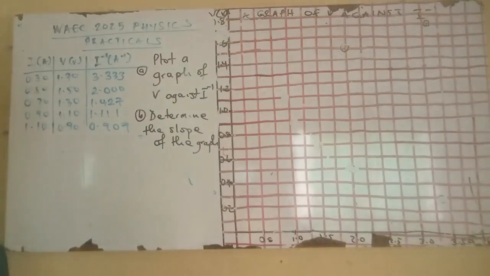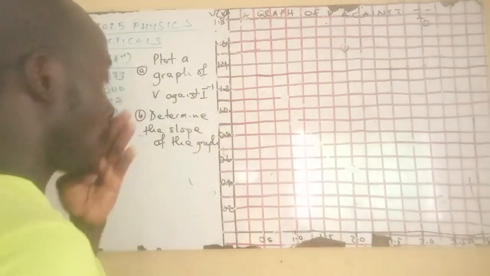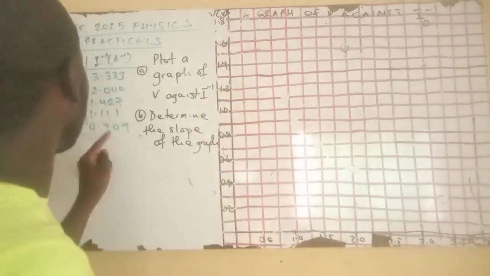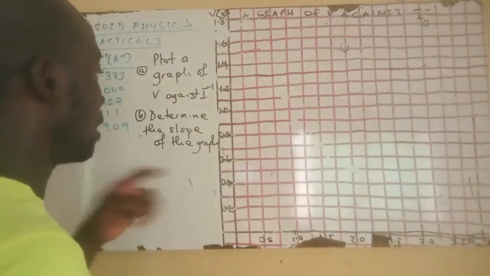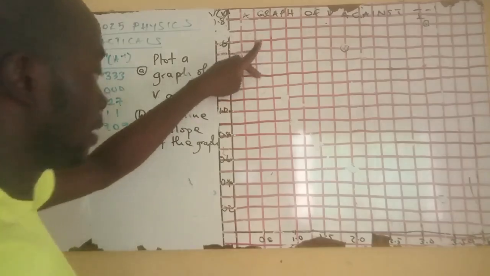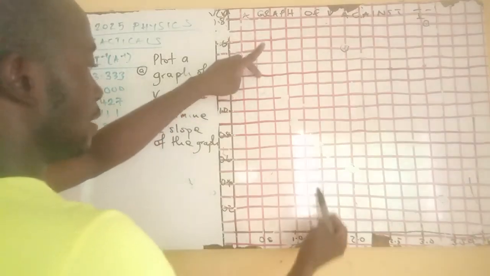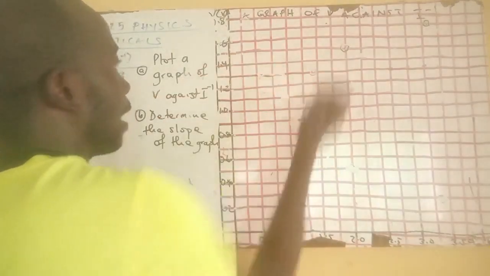Now the next one is 1.3 and 1.4 because that's 1 dp. So let's go 1.3 and 1.4. Now 1.4 should be around here.